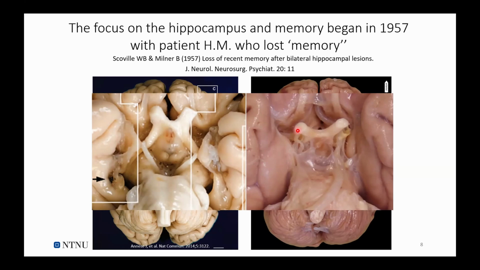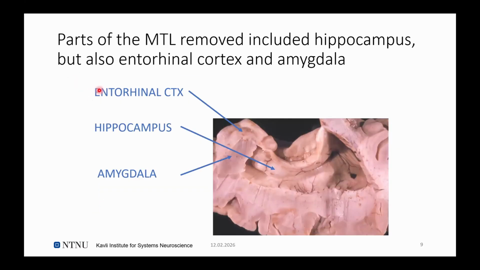So there was this idea that these structures were critical to build new memories, not so much to store them, because HM still had remote memories from before the surgery, although they were not as good and as detailed. So the idea was that particularly the hippocampus might be a critical structure. The structures that were removed included a large chunk of the hippocampus, about the anterior two thirds, and then part of the amygdala and the entorhinal cortex.